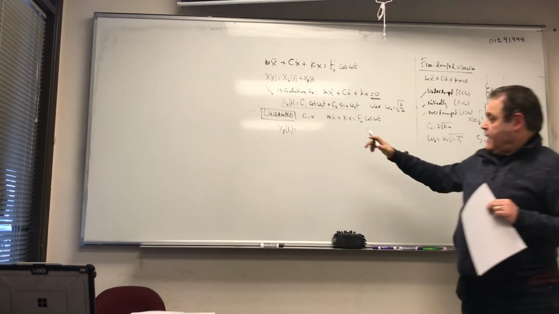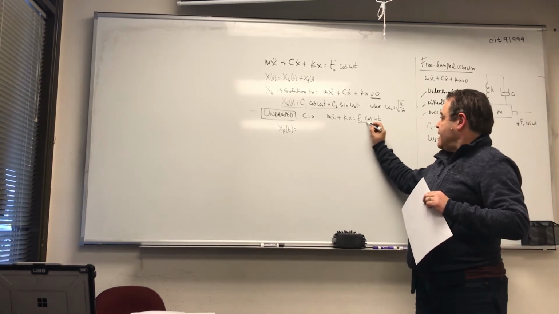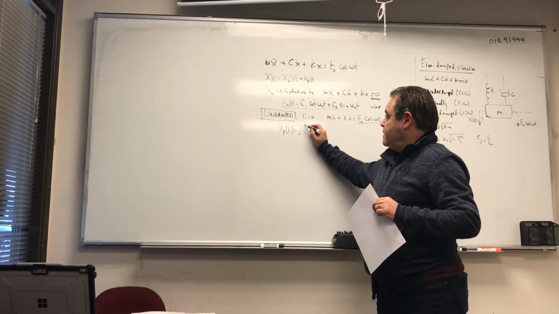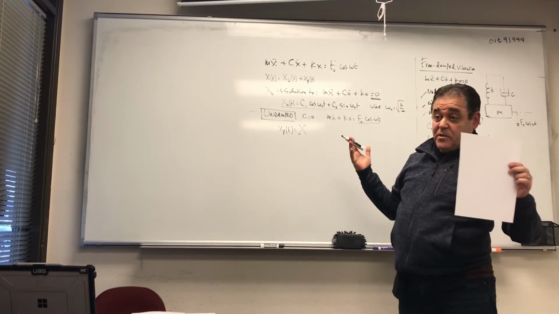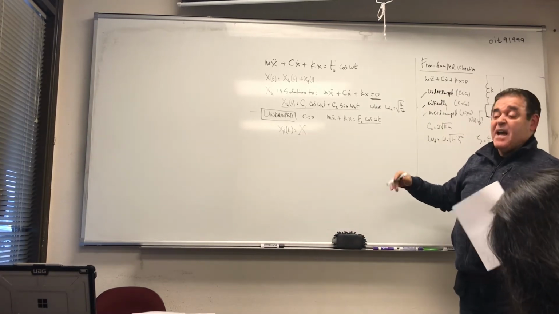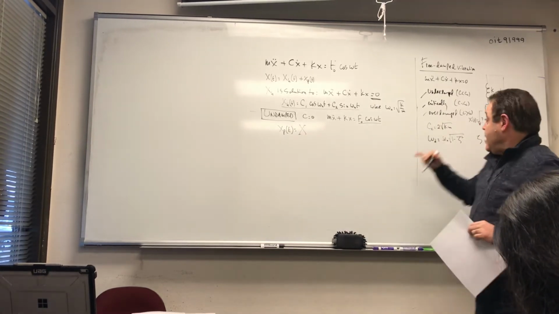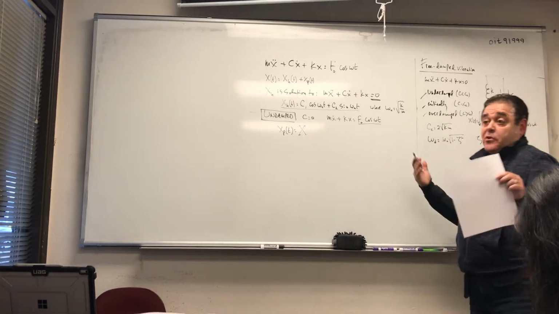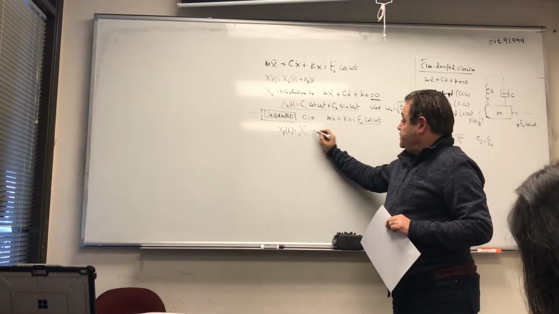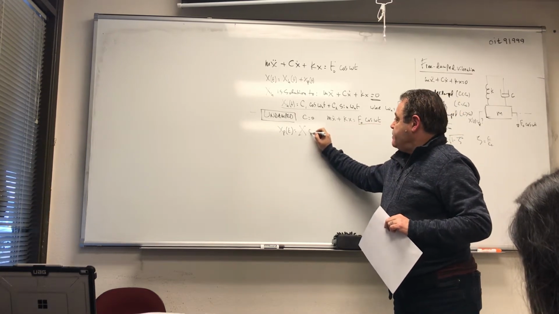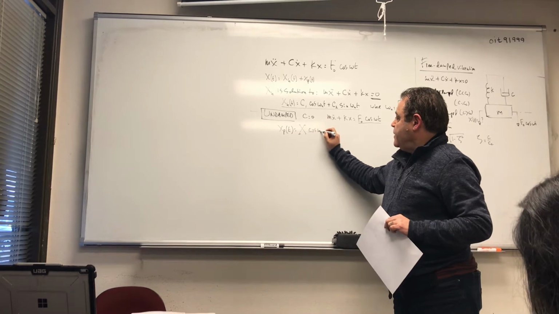Now, if the forcing function looks like this, then this one will be simply some X, the amplitude. I don't know how much this mass is going to be jumping up and down, so we'll just call it X, times cosine omega t.